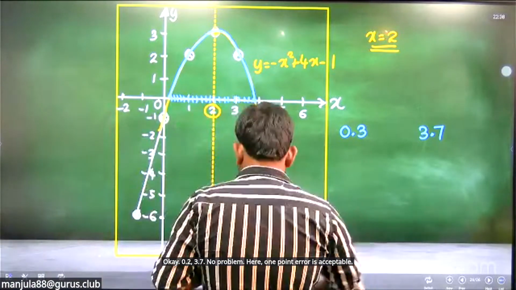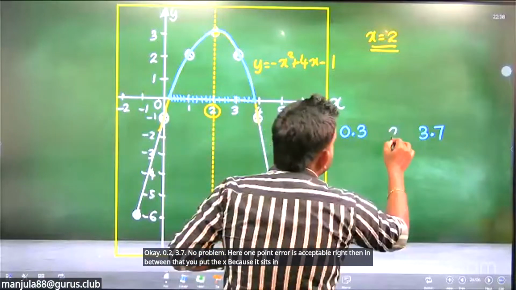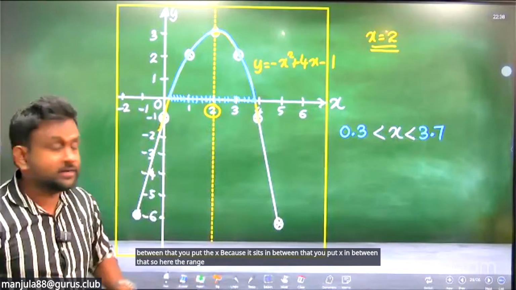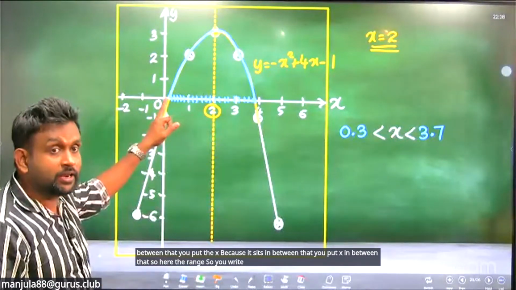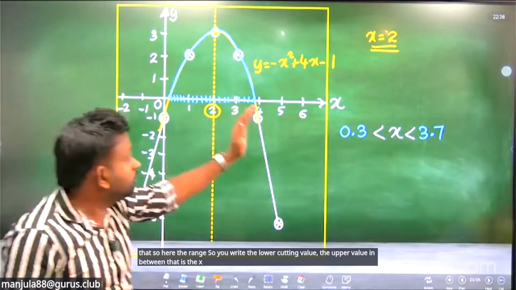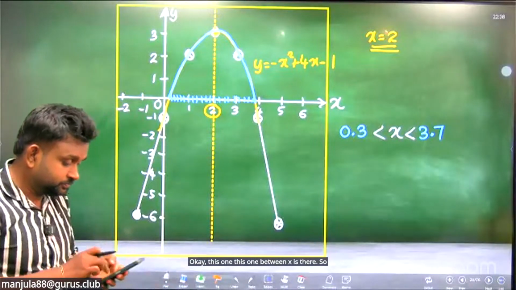Then you put x in between that, because x is in between. So you write the lower cutting value, then the upper value, and in between that is the x. So that is the answer.